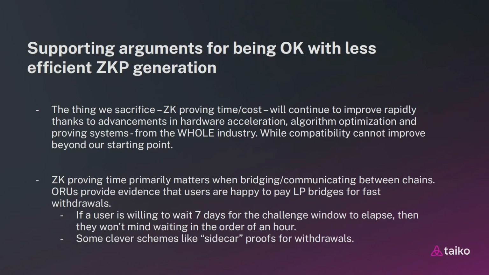But given that we sacrifice that, the thing that we sacrifice will continue to improve so rapidly thanks to advancements from hardware accelerators and some software optimizations and new proof systems that don't just come from our ZK engineering team, but come from the whole industry, right? We can't even keep up with the pace of all the ZK innovation. So that's a huge tailwind, I find.